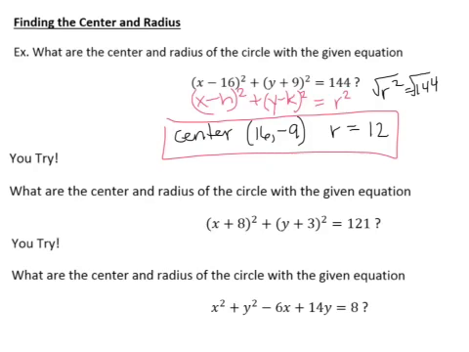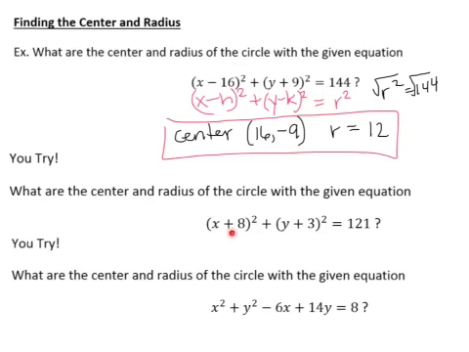The second you try is a little bit trickier because it's not in standard form. So you're going to need to get this in standard form so you can find the center and radius of the circle. I'll give you a hint. To do so for the second you try, you're going to need to not combine, but rearrange it a little to get the x squared and the 6x together, the y squared and the 14y together.